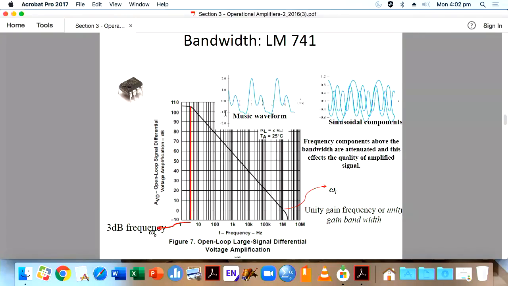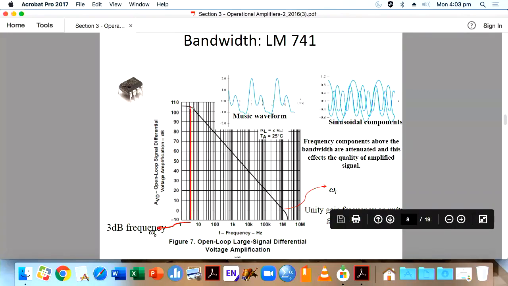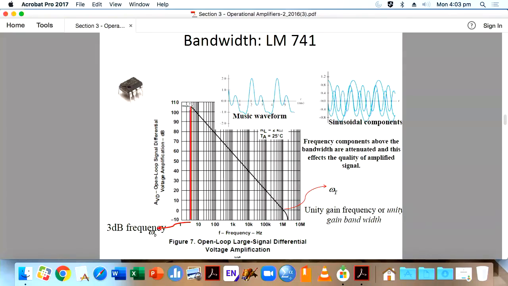Somebody asks you to design an audio amplifier and gives you an LM741. If you use the LM741 in open loop mode, you can't make an amplifier. Even if you amplify something, you have a problem: your bandwidth is only 3 or 4 hertz, but your audio range is 20 hertz to 20 kilohertz.